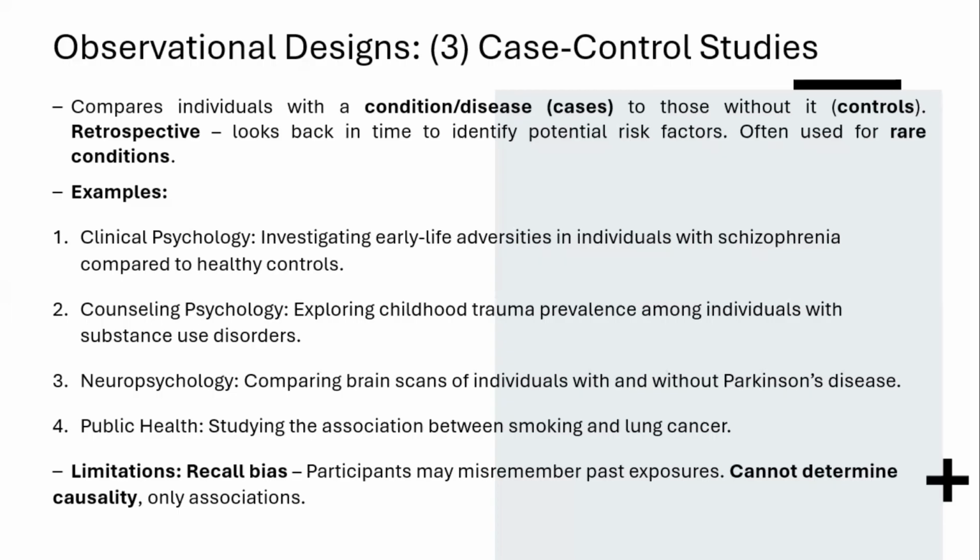It can also be retrospective. Sometimes it can help you look back in time to identify potential risks. You can also use it for rare conditions that are very difficult to find. For example, in clinical psychology, somebody can investigate early life adversities in individuals with schizophrenia compared to healthy controls.